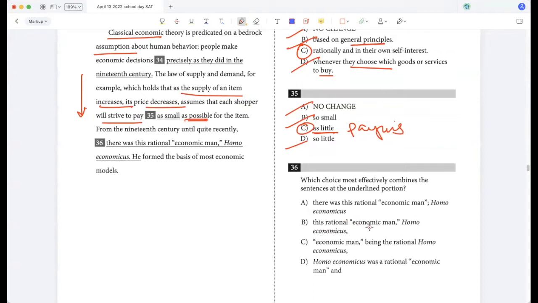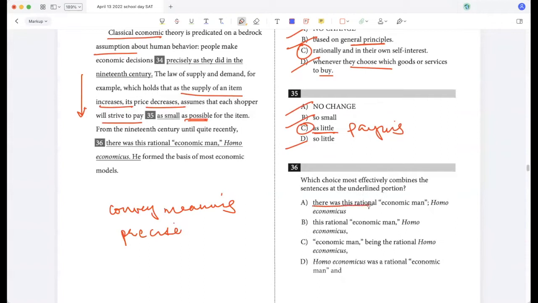This rational economic man, Homo economicus, and right. So now remember, there are a couple of things that you have to remember when you combine sentences. You should convey the meaning accurately, and you should be precise grammatically and otherwise.